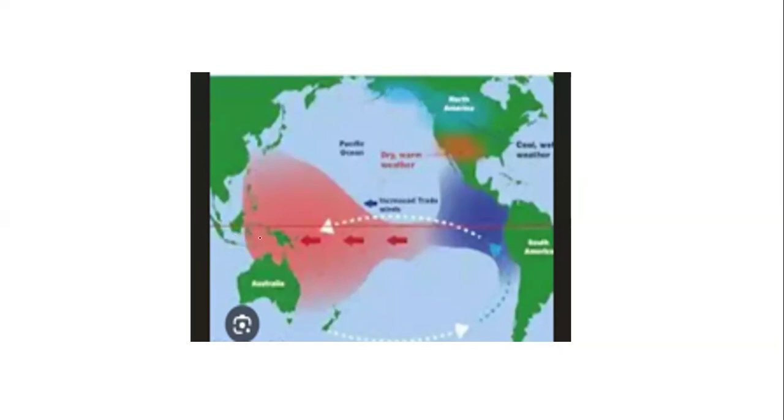So this phenomenon is known as La Nina, in which the Eastern Equatorial Pacific becomes a dry area. Here drought conditions are there, whereas the Western Equatorial Pacific gets heavy rainfall.